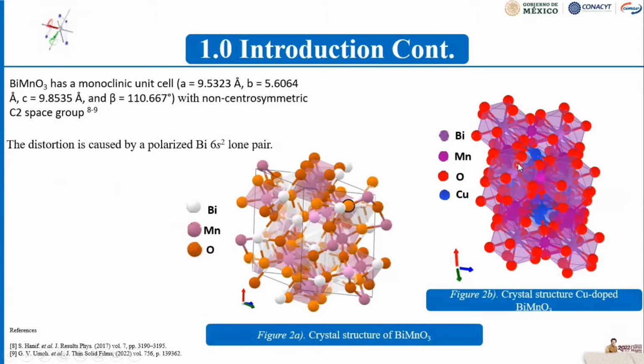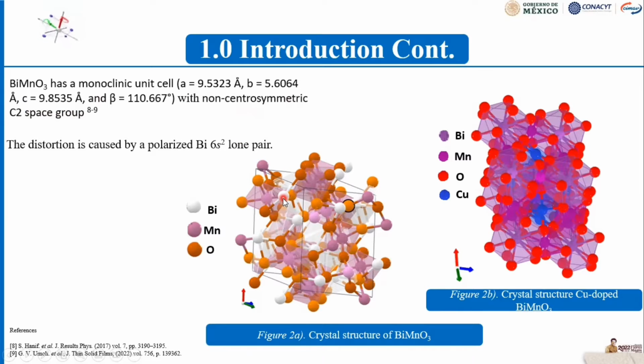Here we have the structure of bismuth manganese oxide and the copper-doped bismuth manganese oxide. These two figures were simulated using PHASESTAR. This figure shows a perovskite-like structure which crystallizes in the non-centrosymmetric space group C2.